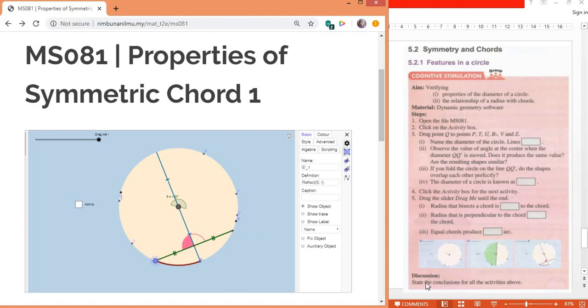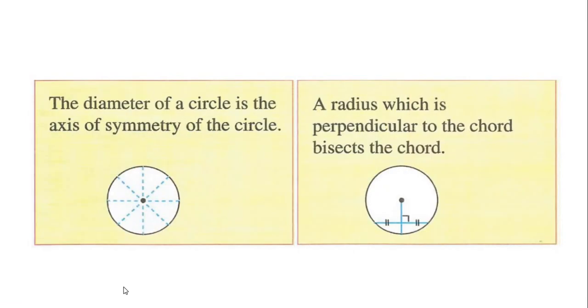Now let's discuss the conclusion of this activity. Based on the cognitive stimulation that we have done just now, we know that the diameter of a circle is the axis of symmetry of the circle. So this one is diameter, so this one is the axis of symmetry. A circle has infinite number of axes of symmetry, because kat mana-mana pun diameter kalau awak letakkan, ia merupakan the axis of symmetry for the circle.